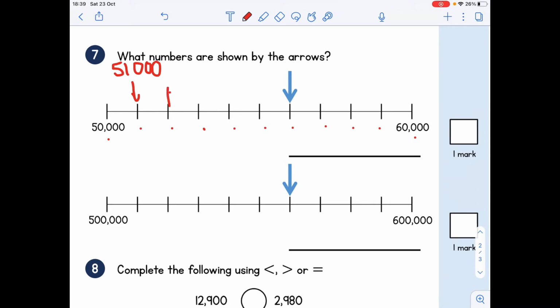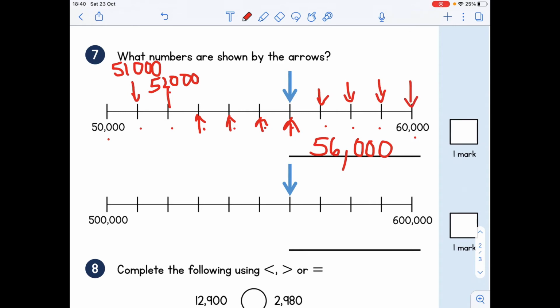This one here must be 52,000, 53,000, 54,000, 55,000, 56,000. So I'm just going to put my answer in, 56,000, and I'll keep going. 57,000, 58,000, 59,000, and then finally 60,000.